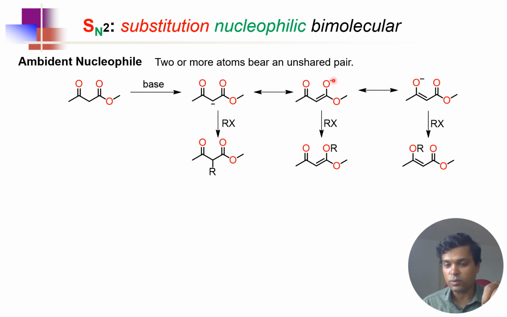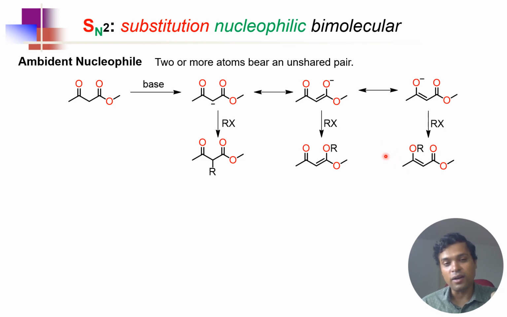So either it can go this side or that side, and the oxygen can be the nucleophile here, O minus, or this O minus can be the nucleophile as well. I can also show you that you can produce a negative charge on this proton's carbon, so you can also have a reaction over there.